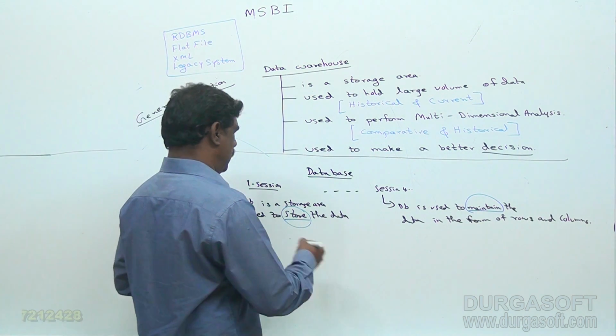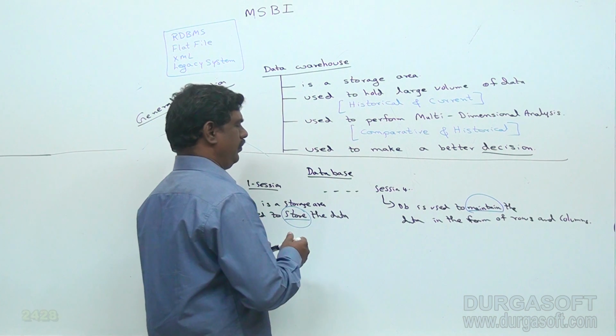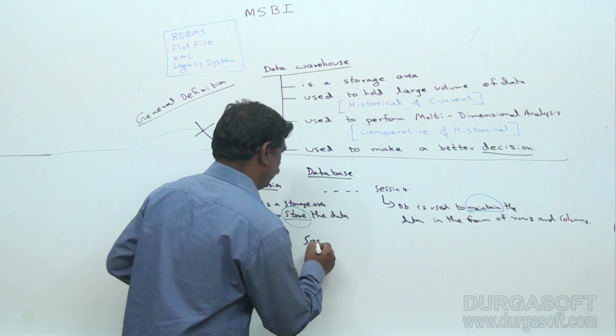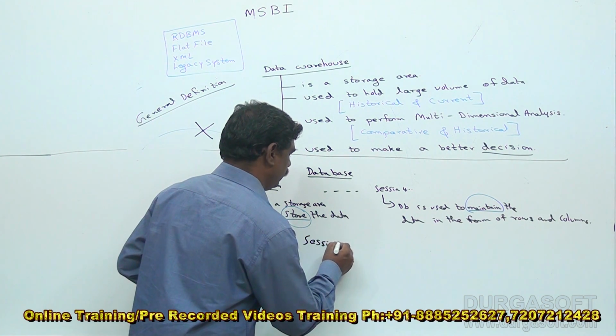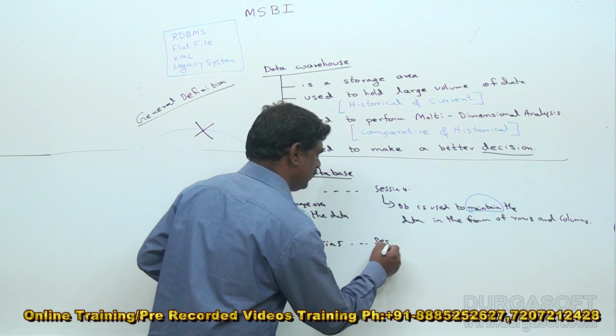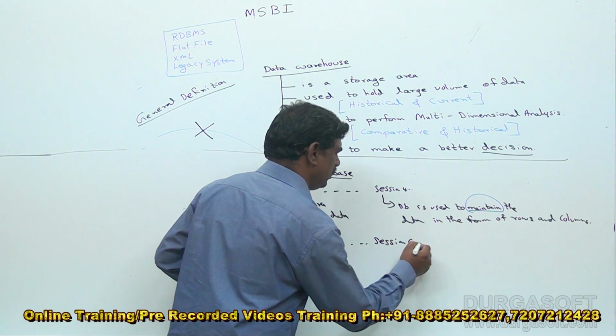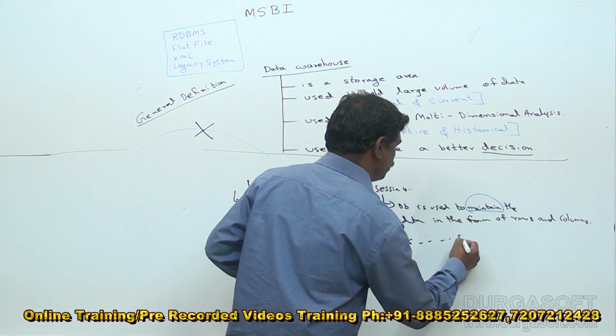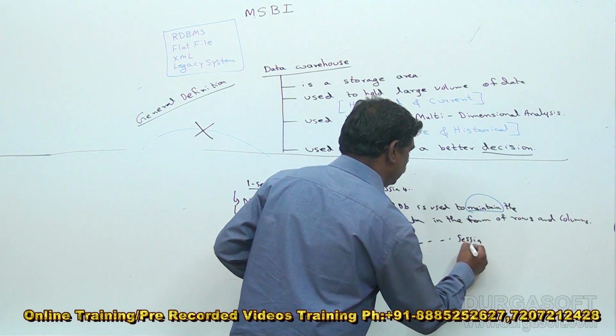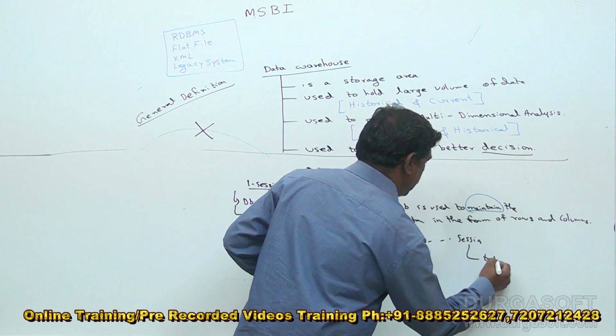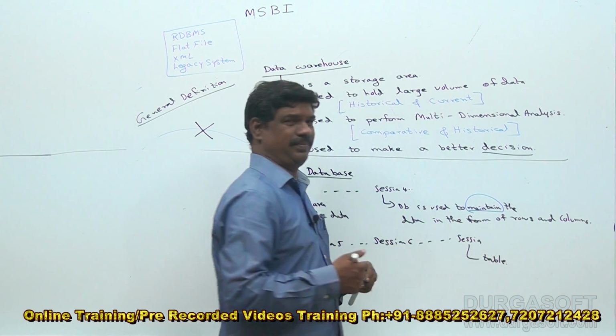What is a database? It is just used to organize the data in a better form for faster reporting. Now if you go to further sessions, maybe session 5, session 6, at one particular session we will hear that a table will not hold any data.